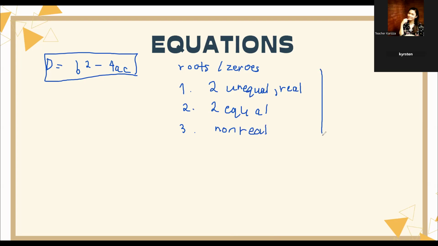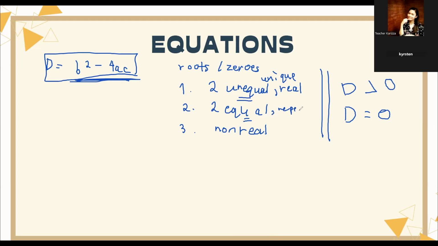Okay. Now, how will you know? Using the quadratic formula, specifically your discriminant, if your discriminant is greater than 0, then it's type 1. You have two unique roots. Unequal is sometimes referred to as unique roots. If your discriminant is equal to 0, you have two equal roots. What this means is it's repeating or the same.